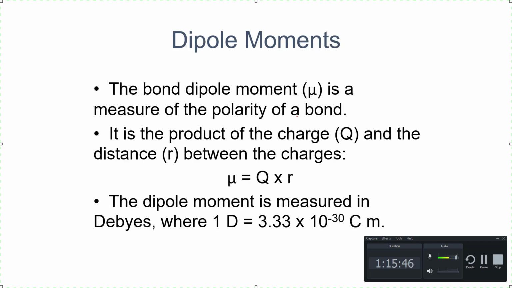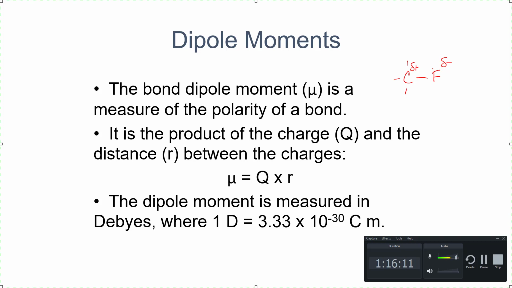The dipole moment is a measure of the polarity of a bond. So if you had a carbon attached to a fluorine, the fluorine being more electronegative than any other element on the periodic table, including chlorine, would pull electron density towards itself and leave the carbon slightly positive and the fluorine slightly negative.